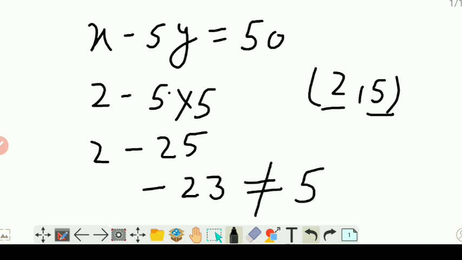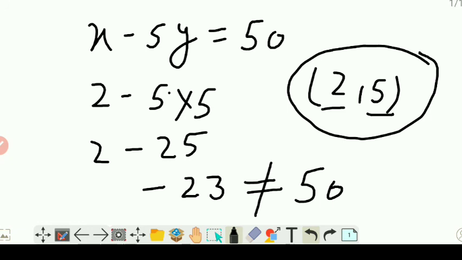So minus 23 does not equal 50. That's why 2, 5 is not a solution of the given equation. Got it? This is how you check whether given values are a solution for an equation or not. This is a very, very important procedure. Clear or not?